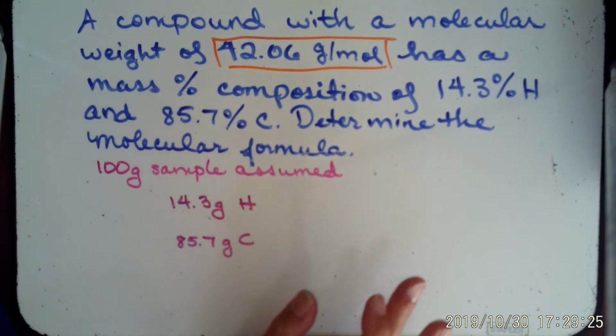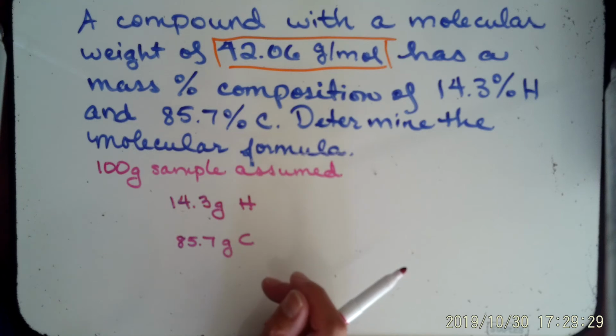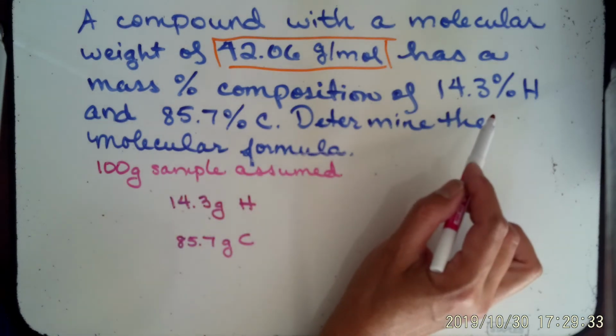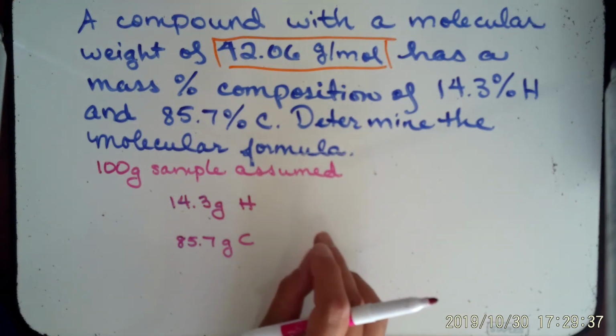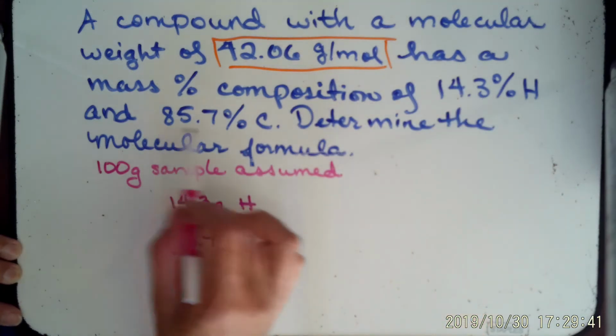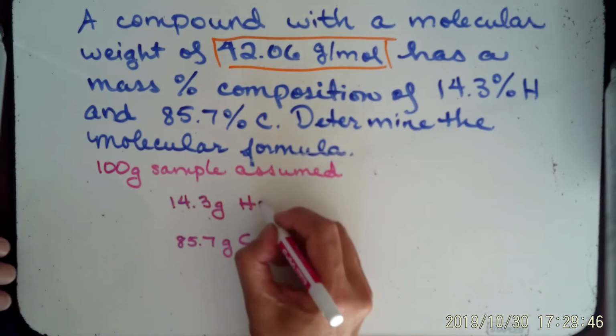Now, if we don't assume a 100-gram sample, and you say, I want to assume a 1 gram sample, then you would take 14.3% of 1 gram. So you can have any size sample you want, but the nice part about assuming 100 grams is that here we don't even move the decimal point, we just change this percent sign to grams.